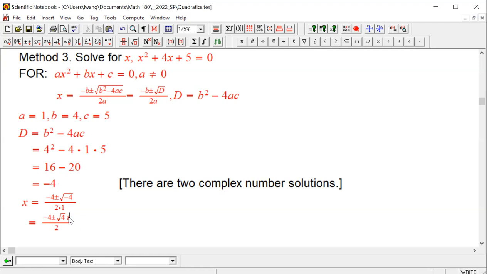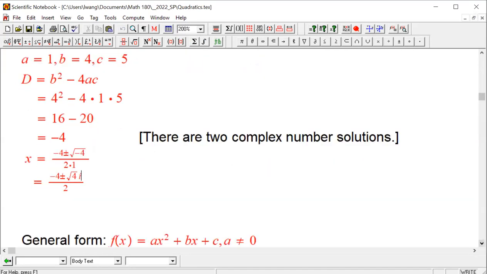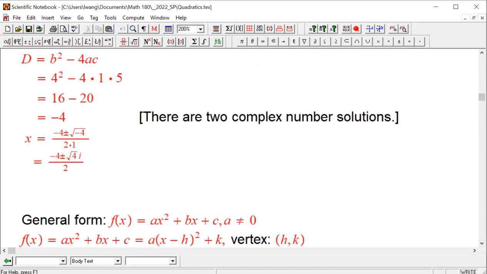But we want to put this I in front of it. Why? Because if you're not being careful when you're writing it, especially by hand, and you make this too long, that will be a mistake.